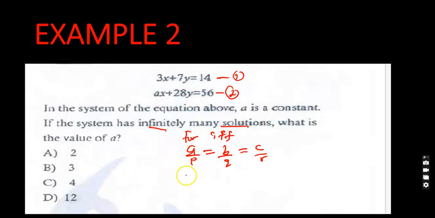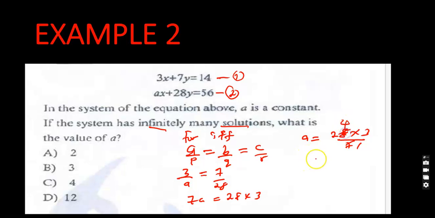So our a is 3 over 7, equals 28... cross multiplying, we have 7a equals 28 times 3. If I divide both sides by 7, I have a equals 28 times 3 over 7. Let's cancel this. So a equals 12.